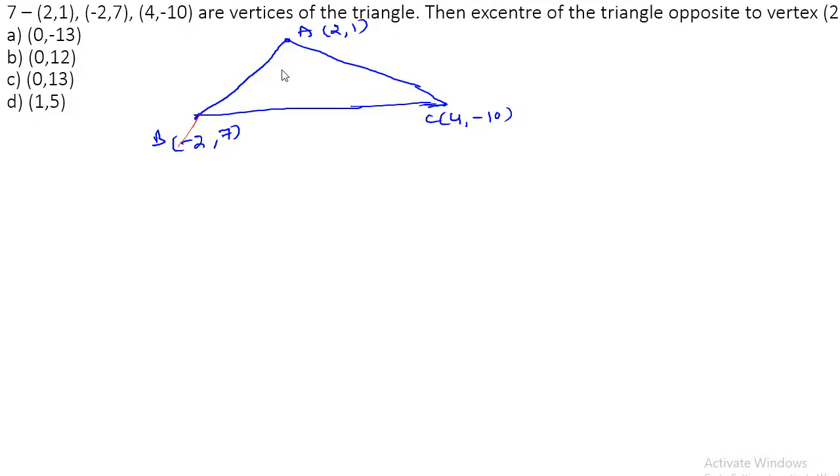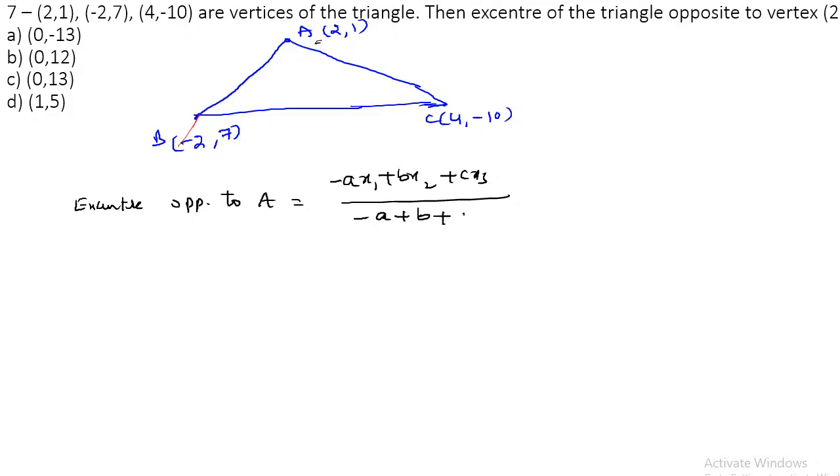The formula for finding the excentre of the triangle opposite to vertex A is, the excentre opposite to A is minus AX1 plus BX2 plus CX3 by minus A plus B plus C, comma minus AY1 plus BY2 plus CY3 by minus A plus B plus C.